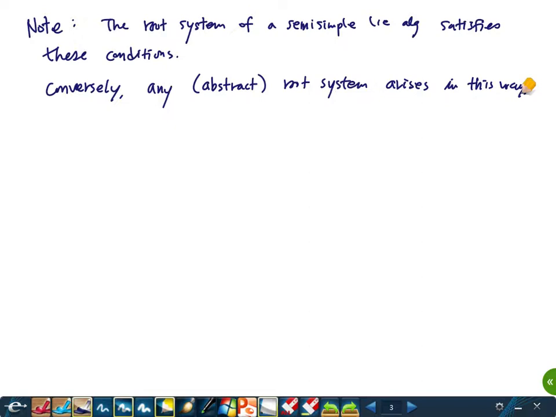Okay, so we can define many objects associated to a root system. Say R is a root system.